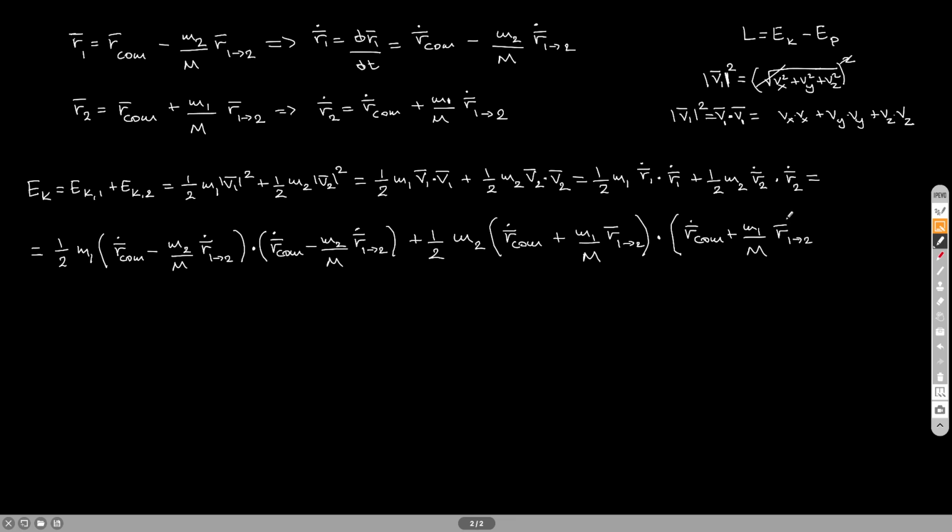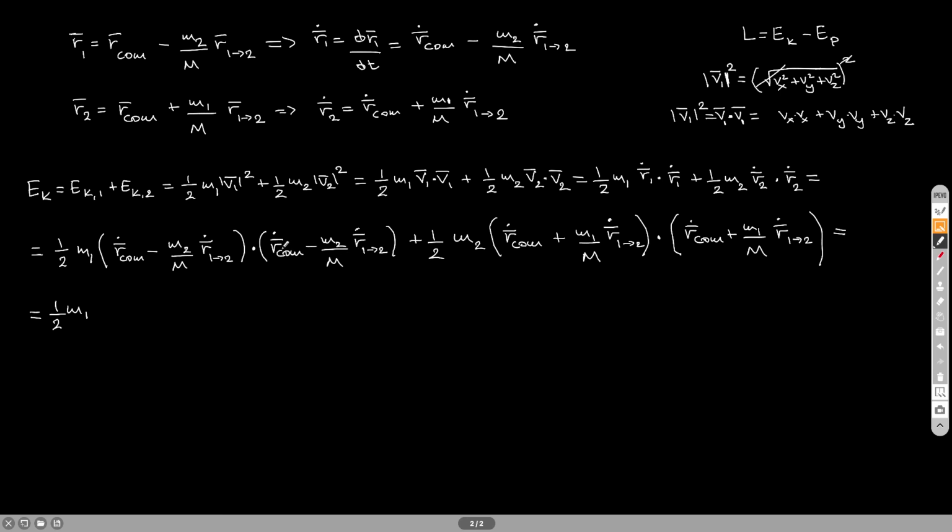Okay, now here is where, I forgot the dot here and here. Here is where I will start simplifying things and start expanding things. So I have, this is equal to, all right, 1/2 m1. So I'm gonna take this and multiply it with that, and I'm gonna take this and multiply it with this.